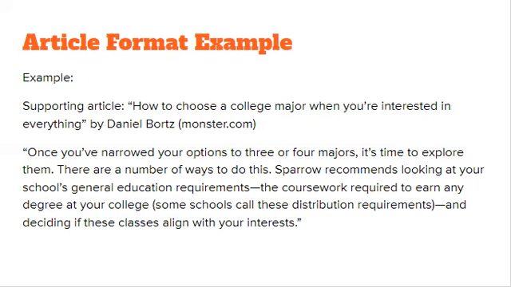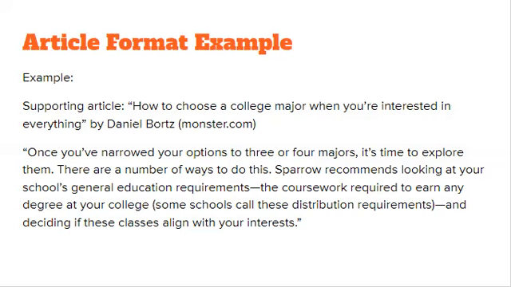So the example I have, I'm using the thesis that you should not choose your major before entering college. So I labeled that it's a supporting article. The article title is How to Choose a Major When You're Interested in Everything. The author is Daniel Bortz, and I found it from monster.com. Okay, the quote that really stood out to me was, "Once you've narrowed your options to 3 or 4 majors, it's time to explore them.